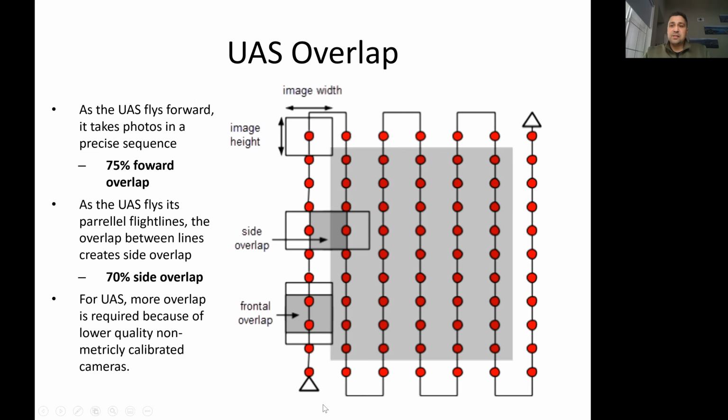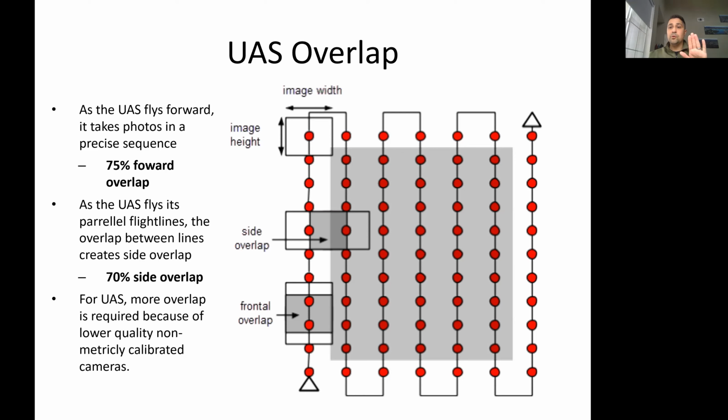But instead of 60% going forward, we have to capture a little bit more because our camera quality is not as good. So more redundancy is going to make up for discrepancies in camera quality. And in this case, we're going to go with a 75% forward or front overlap, okay? 75%. And now, parallel lines are going to create side overlap.